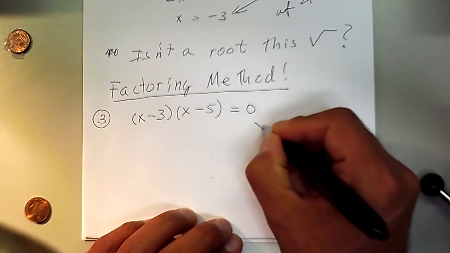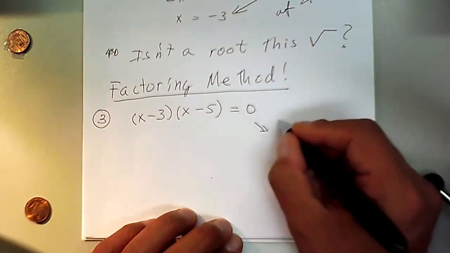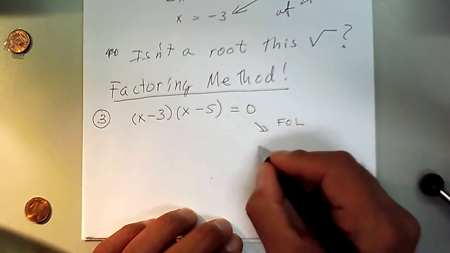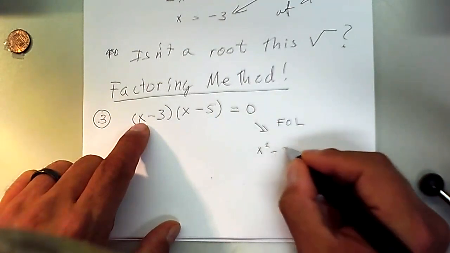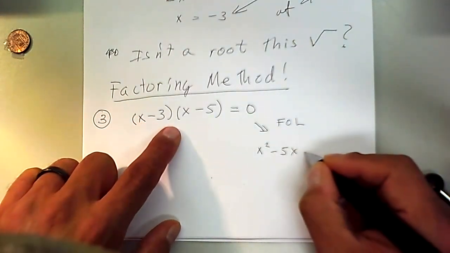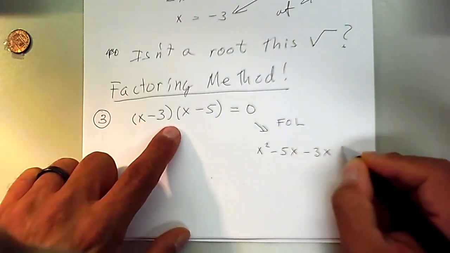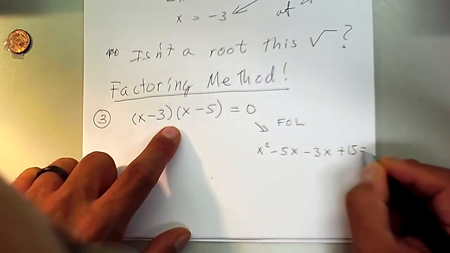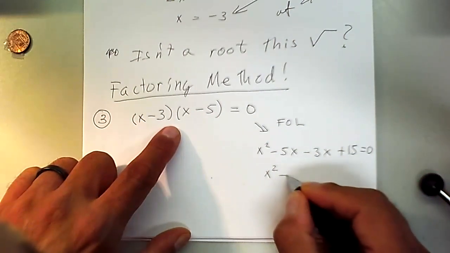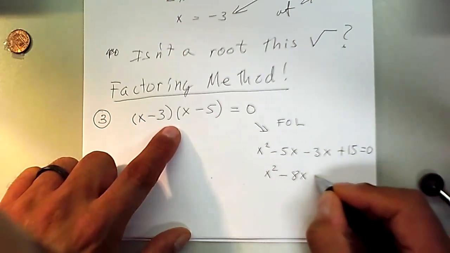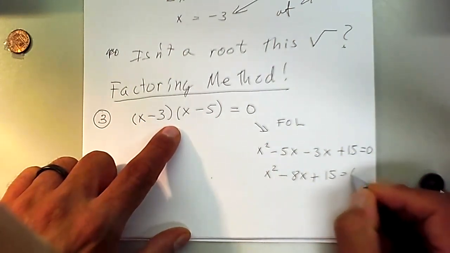So if we FOIL, then we end up with x squared, outer terms minus 5x, inner terms minus 3x, plus 15 equal to 0. Don't forget this 0, which really is x squared minus 8x plus 15 equals 0.